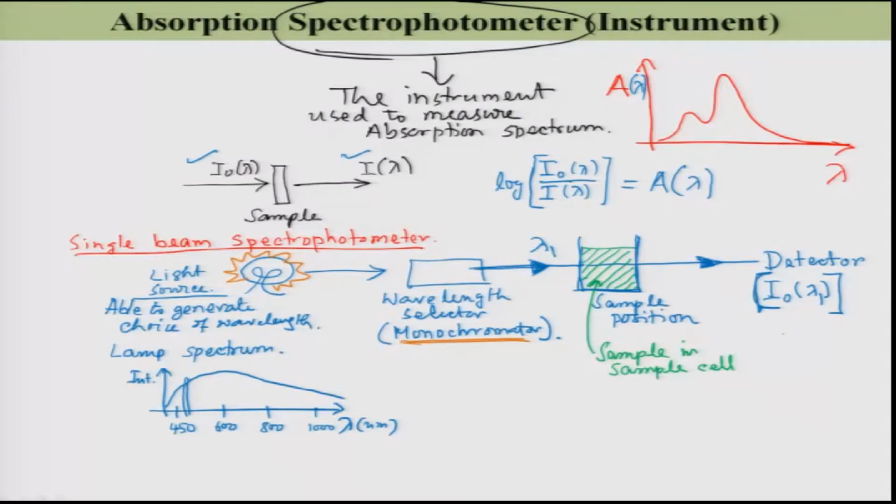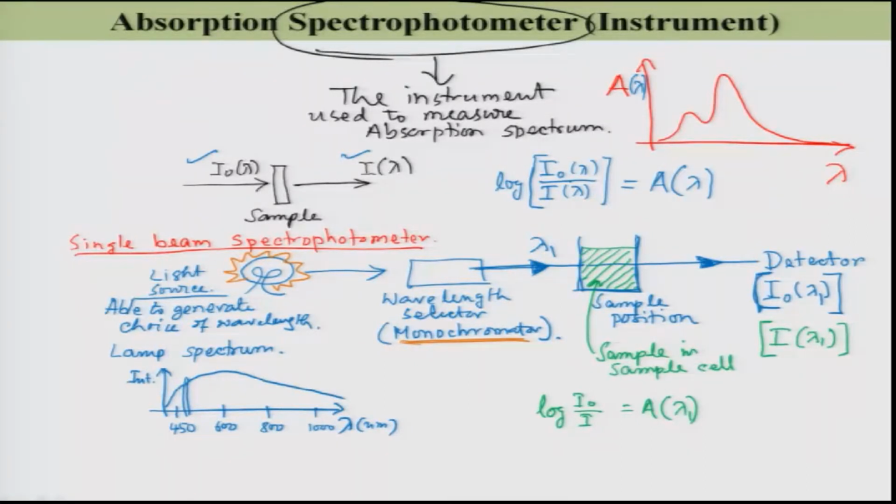So, let us say that intensity is I for this lambda 1. So, simply you will get I0 and I. Once you have I0 and I, you will be able to calculate A. You just take log I0 by I, which is equal to A for this particular wavelength lambda 1.